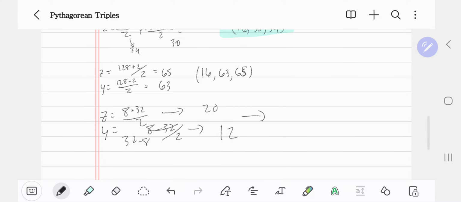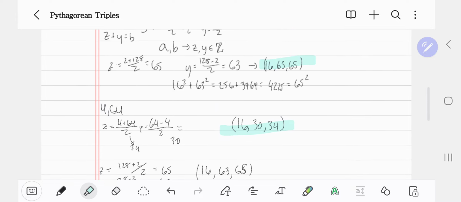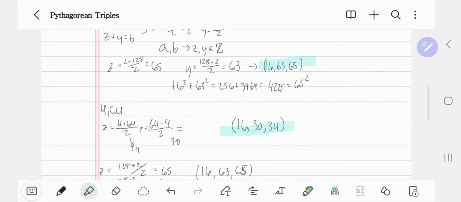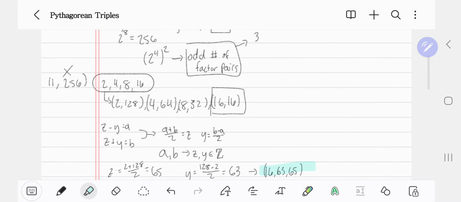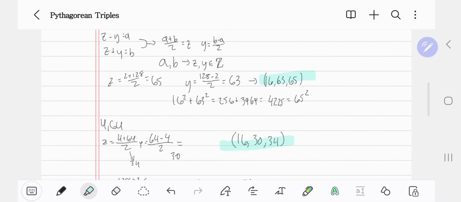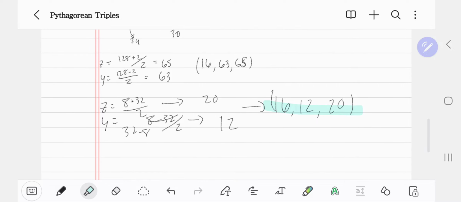So this one is 16, 12, 20. So that's 1, 2, 3. Those are 3 Pythagorean triples right there.